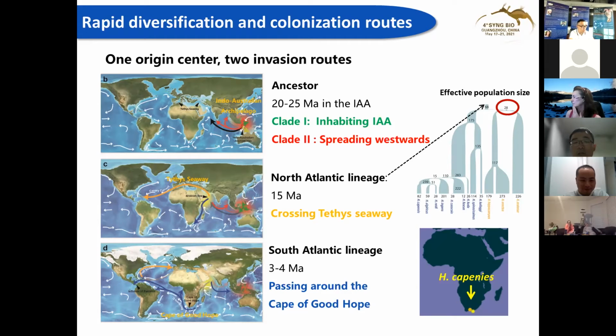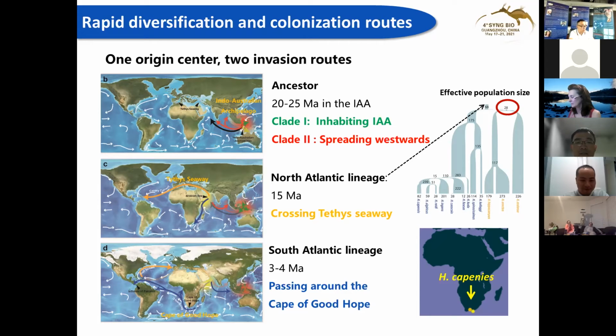For example, the clade 1 lineages inhabit the IAA areas and around that, while the clade 2 lineage spreads westwards to East Africa.